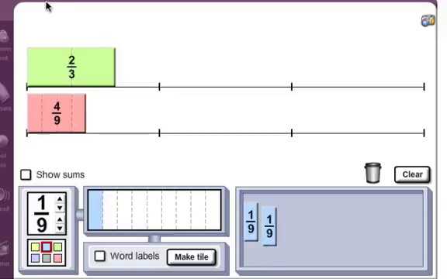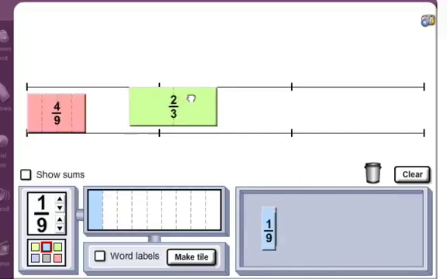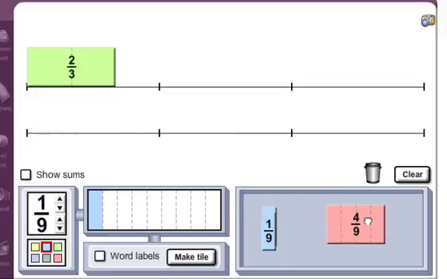And one of the things that we're going to start off with is we're going to figure out 2/3. Now, I'll move this back again. I want to know how many ninths 2/3 is.